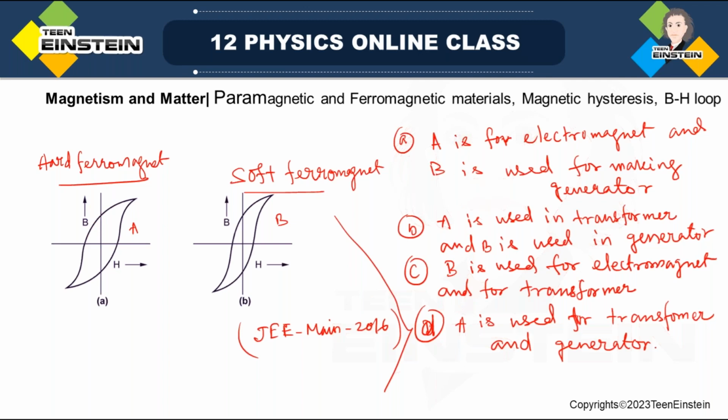Here, A is used for electromagnet, this is wrong. A is used for transformer, this is also wrong. And B is used for electromagnet and transformer, this is correct. So option C will be the correct answer.